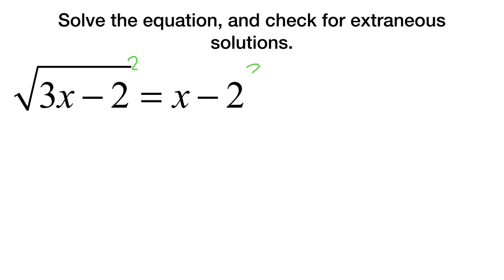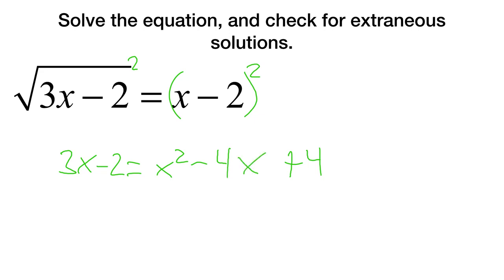We square both sides. In this case, we get 3x minus 2 equals x squared, and in the middle, you'd have minus 4x, so minus 4x in the middle. At which point, minus 3x plus 2, minus 3x plus 2, x squared minus 7x plus 6.